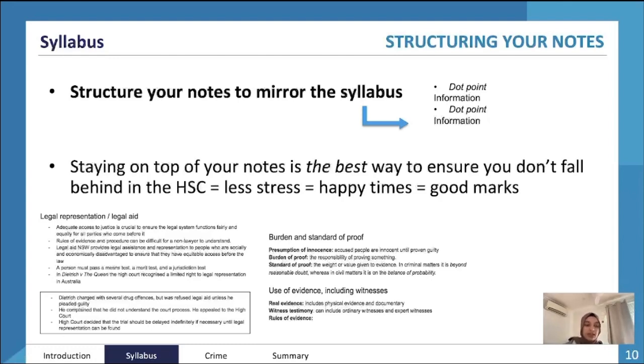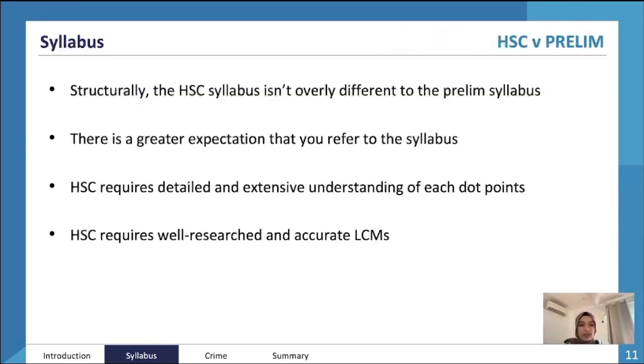In that way, you've got that syllabus structure, so you know that you're getting 100% coverage, and you've also got cases, legislation, and media for every single dot point. I think that's really important to understand, and I would highly recommend using that method, because it definitely made my life a lot easier in terms of integrating these into my notes.